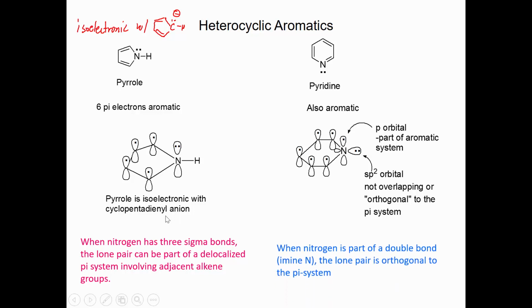And when the nitrogen is part of a double bond, a functional group we'll encounter in a few chapters ahead called the imine functional group, the lone pair does not contribute to the pi system because it's orthogonal to it, so you do not count this type of lone pair when you're determining whether something is aromatic or not.